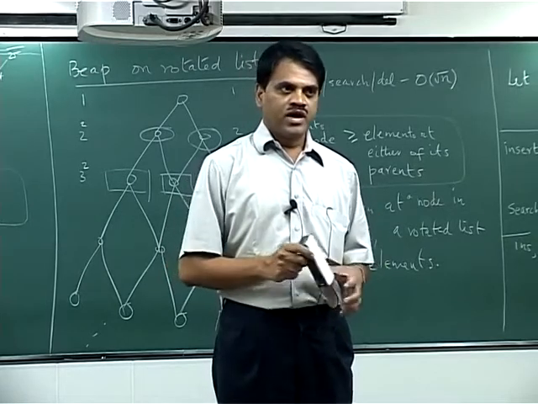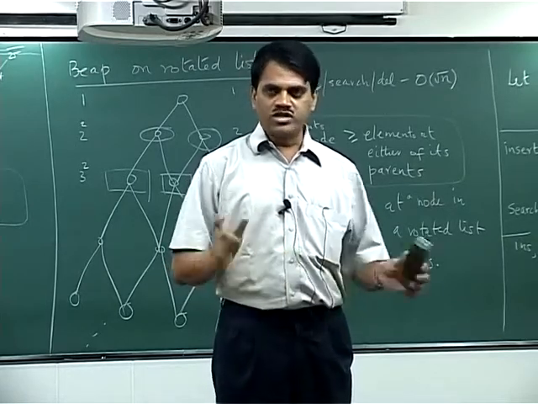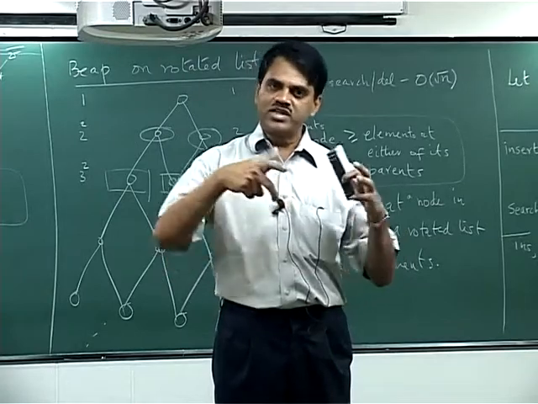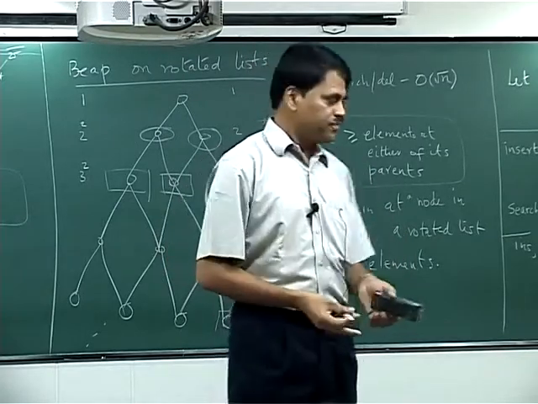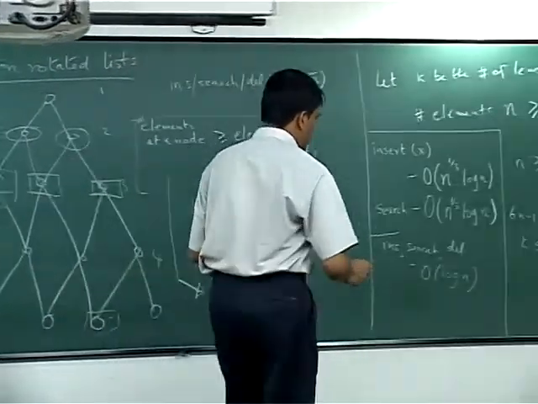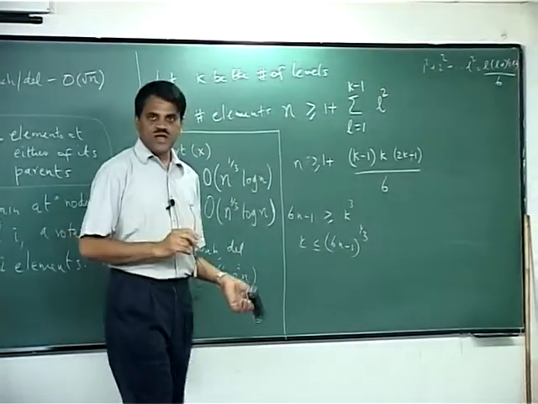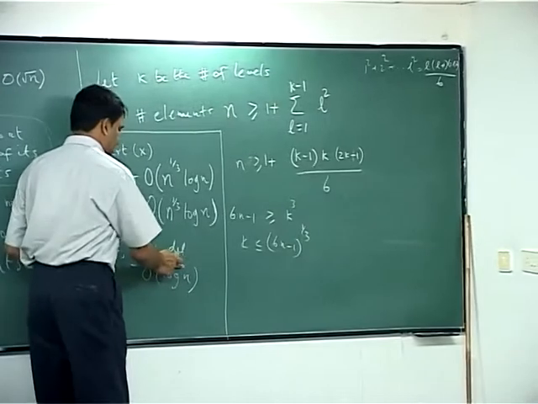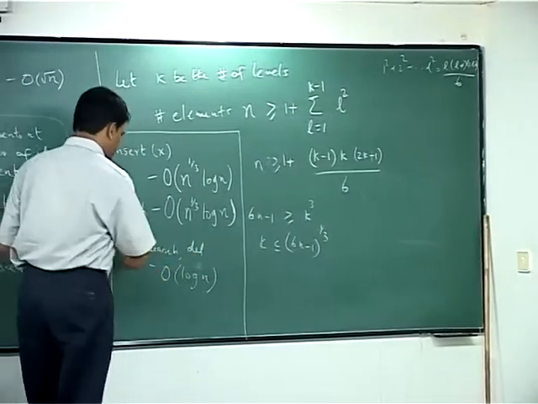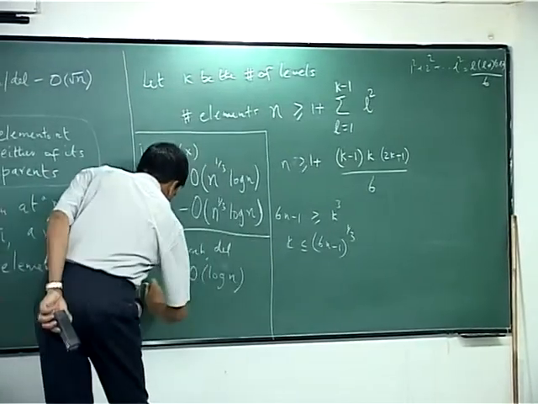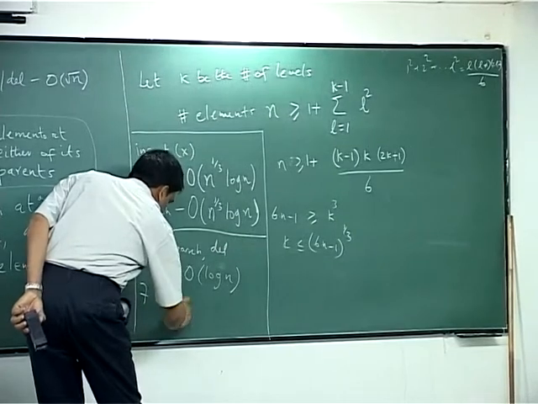It encodes the pointers in a very clever way inside the elements themselves. But there is a log squared n structure known quite some time back in the 80s, and this was improved to log n in the late 90s. So there is such a structure.